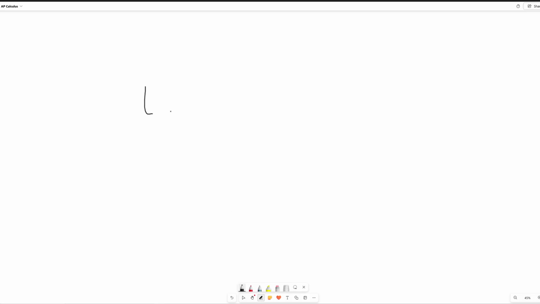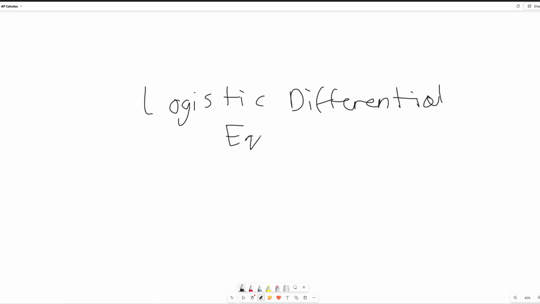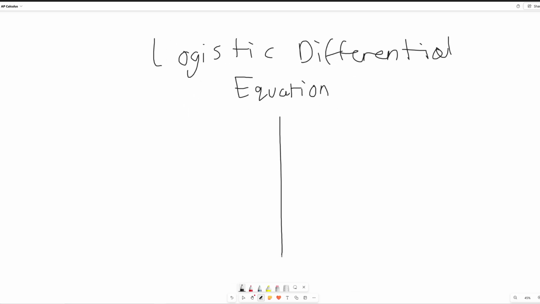Finally, we're going to look at logistic differential equations. So, what is a logistic differential equation? Well, it is one where the equation essentially plateaus at a number.